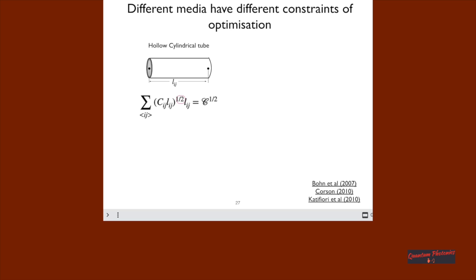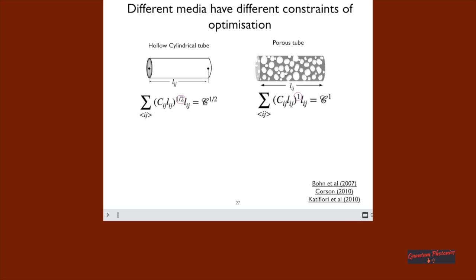Okay, so maybe I will give you a bit of an introduction to what I'm talking about. If you go to slide 27, the first picture on the left shows a hollow cylindrical tube, and this hollow cylindrical tube has a particular form of material conservation where the conductance to the power half term pops up in the equation.